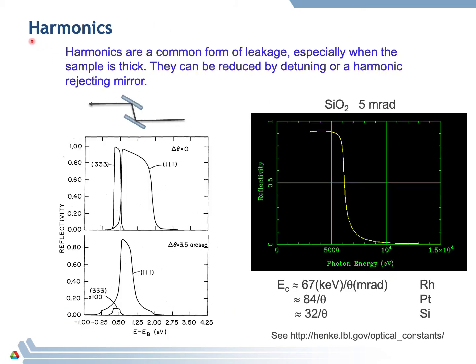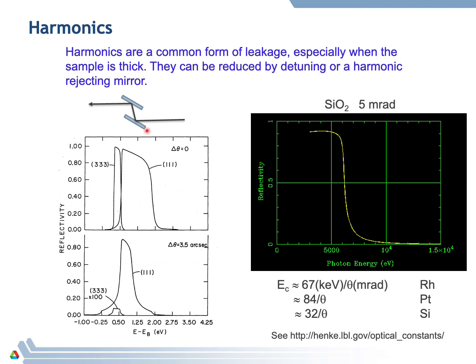As I mentioned, one of the problems causing a thickness effect is the harmonics in the beam. This is shown here for a typical double crystal monochromator. We have two crystal reflections. So if we're using the 111 monochromator, this is the throughput if we have both crystals.